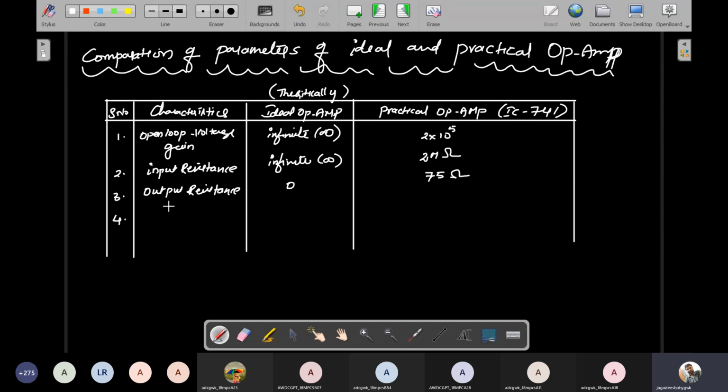And the fourth parameter is input offset voltage. Ideally its value is 0, but practically it shows 2 millivolt. Okay, so practically it is not 0. But theoretically the input offset voltage is 0. And the fifth parameter is input offset current.